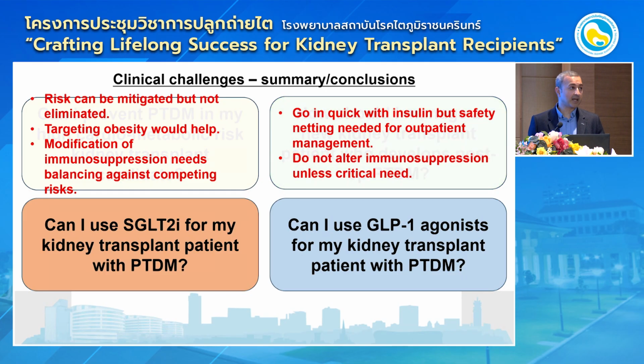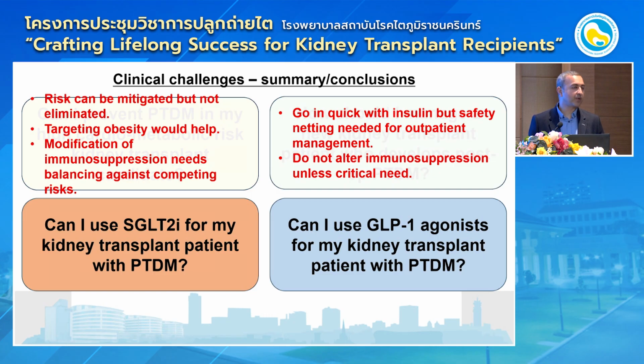Managing patients early after a transplant, you need to go in quick with insulin, but if you are discharging a patient home on insulin in the first week, you need to have a very good safety net system to avoid problems with hypoglycemia. And we would not recommend that you alter someone's immune suppression unless there's a very critical need.